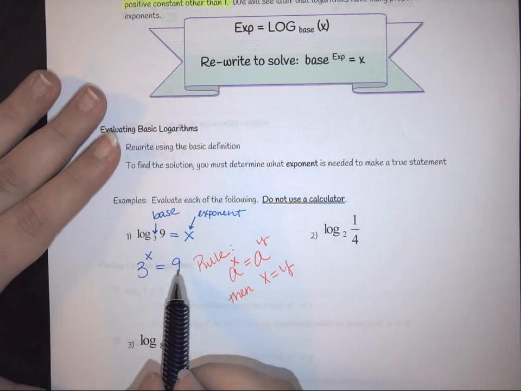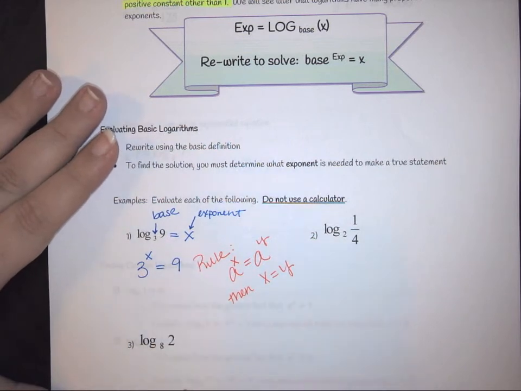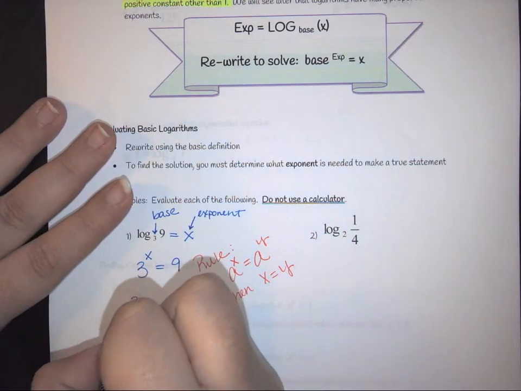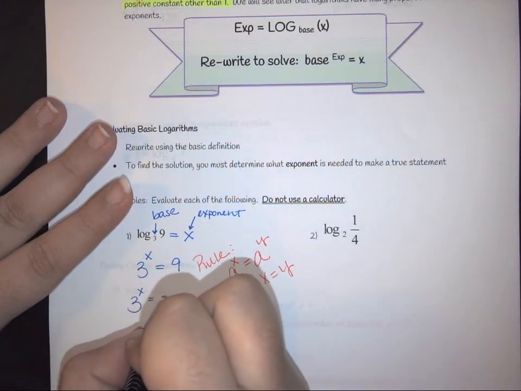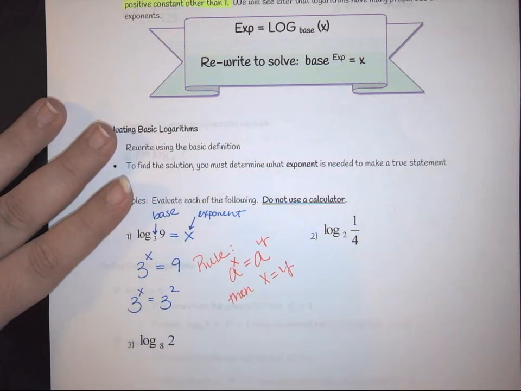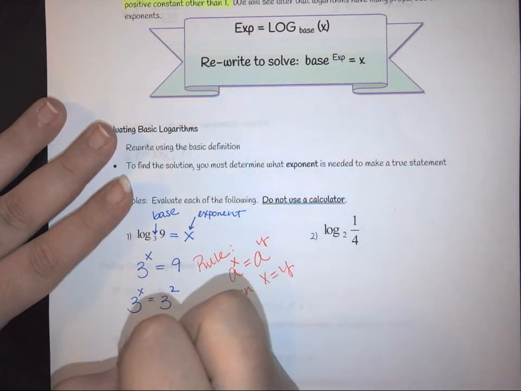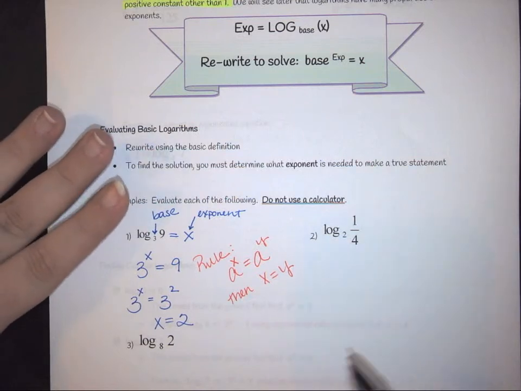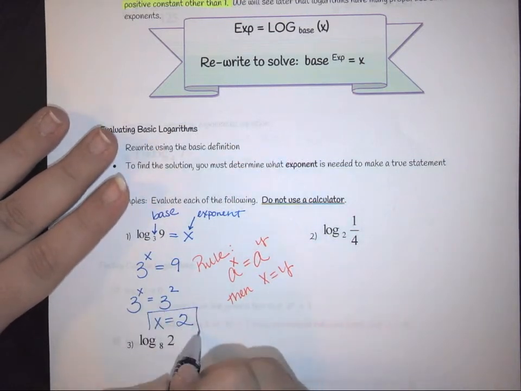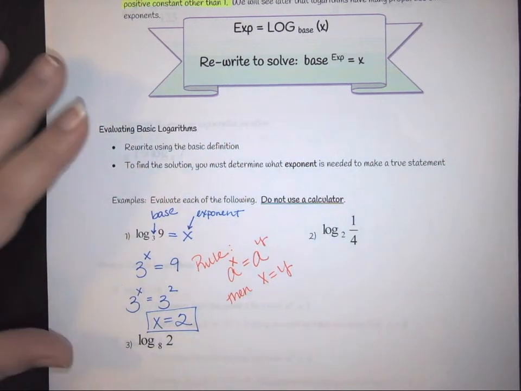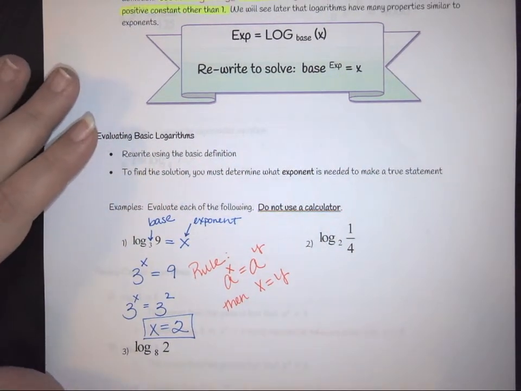Can I rewrite my 9 to give me a base of 3? I can. So this becomes 3 to the x equals 3 squared. Since my bases are the same, my exponents are the same, so x is 2. This is the answer we were looking for, and notice that we did not use a calculator.